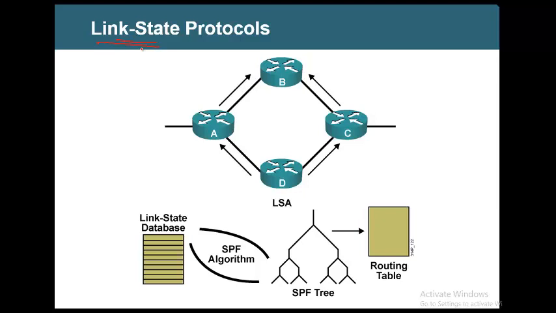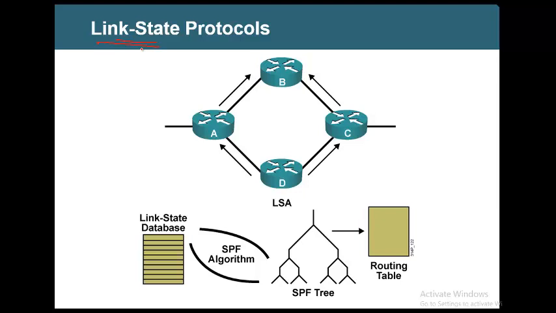See, we learned EIGRP. In EIGRP, what we saw is advertised distance. I hope you remember. What is advertised distance? It's the best route of my neighbor given to me from its routing table with a cost, with the composite metric.